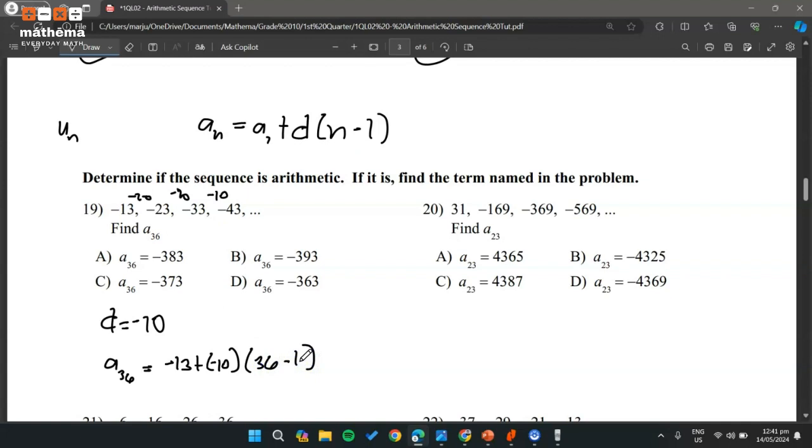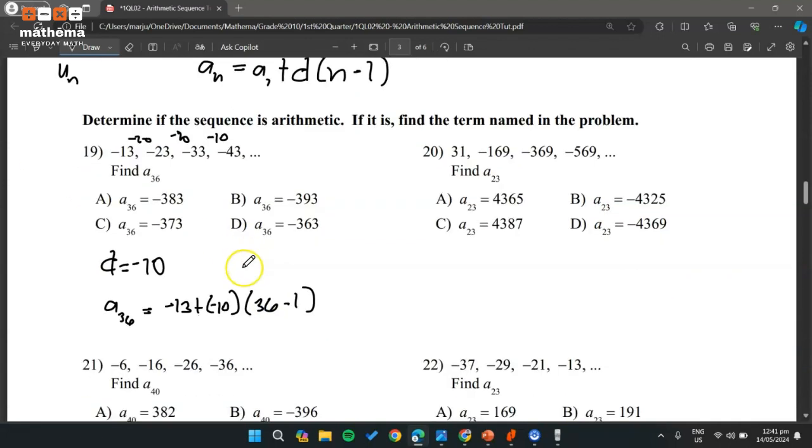Simplifying, a36 is equal to negative 13 minus 10 times 35.